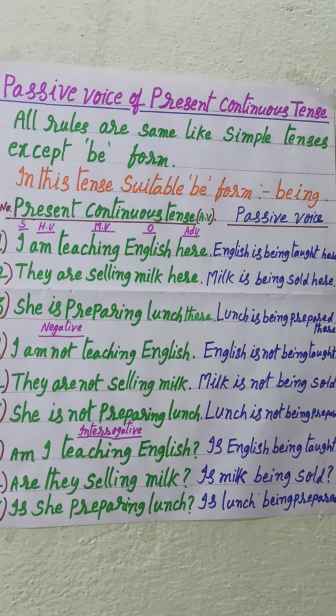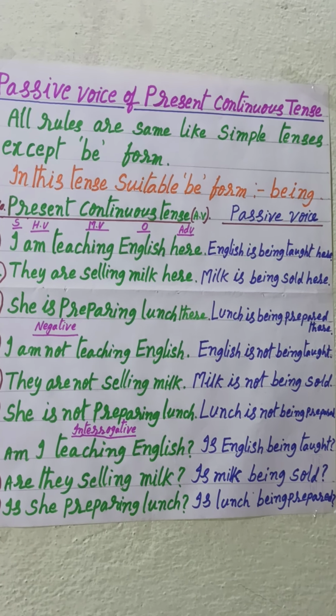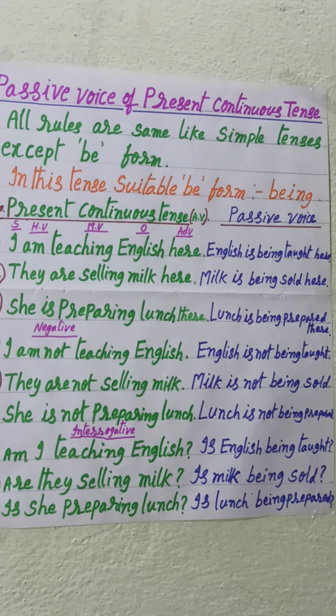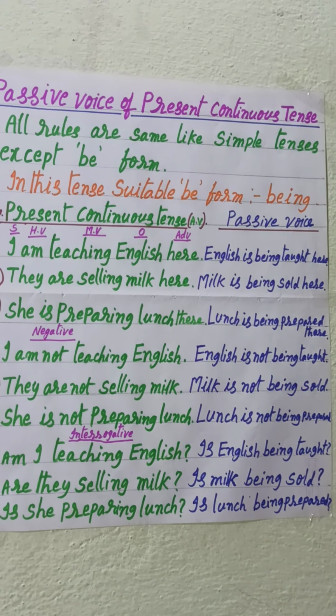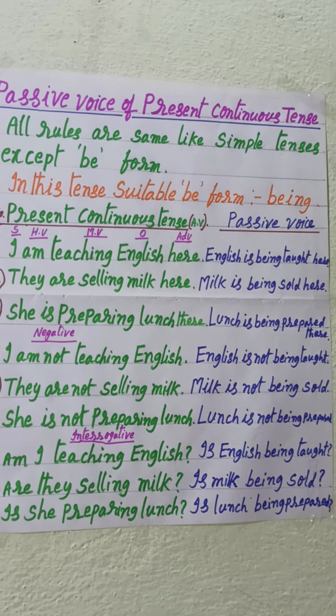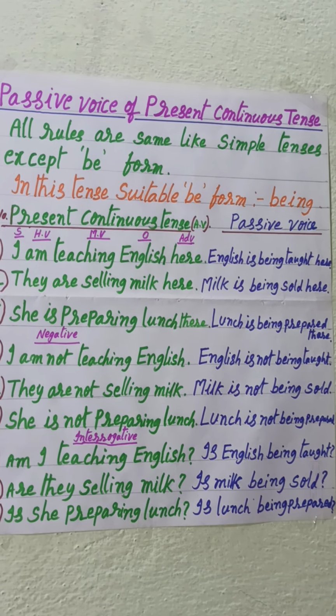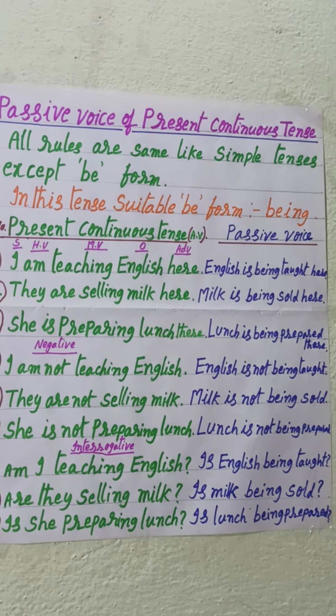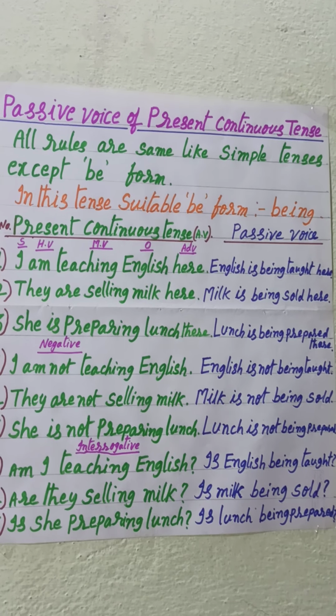In the passive, lunch is not being prepared. Prepare is V1. Prepared is V2 and V3 also. Preparing is V4. That is past participle.